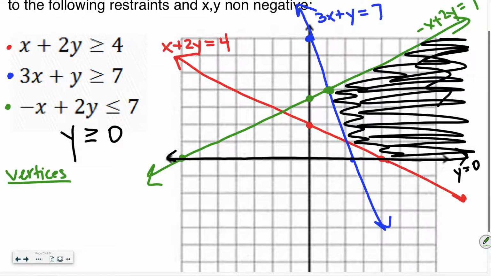What does it look like? Okay, if it's 1, 4, is negative 1 plus 2 times 4 equal to 7? Yes. Is 3 times 1 plus 4 equal to 7? Okay, is 1, 4 our intersection? Check. All right. What else is an intersection?